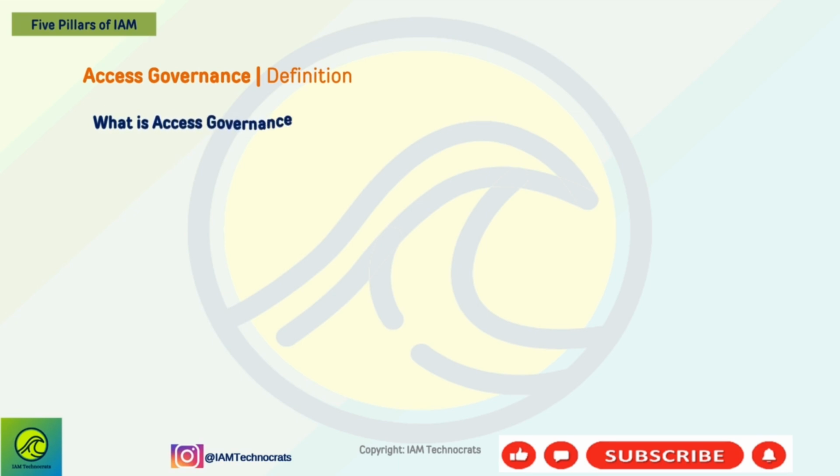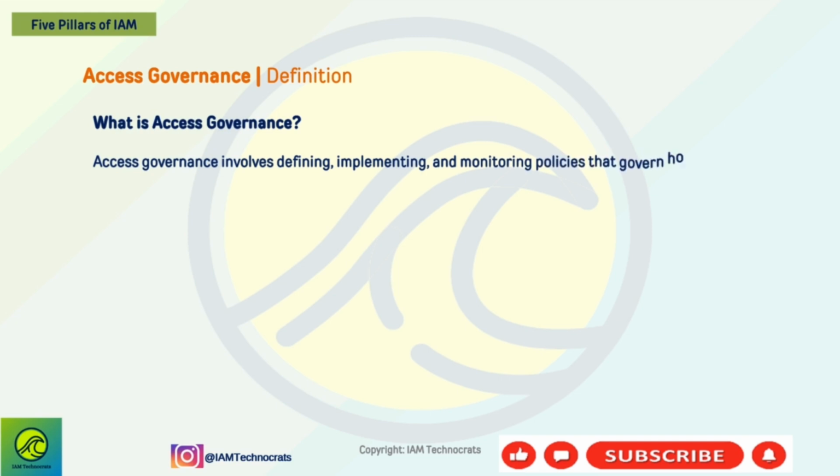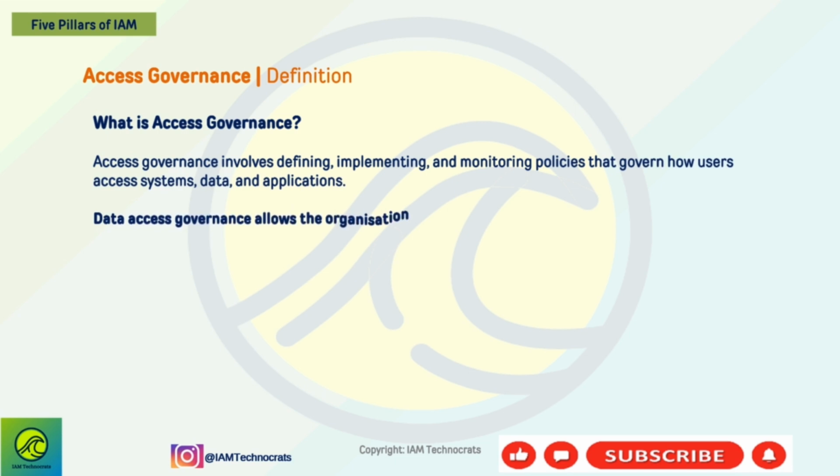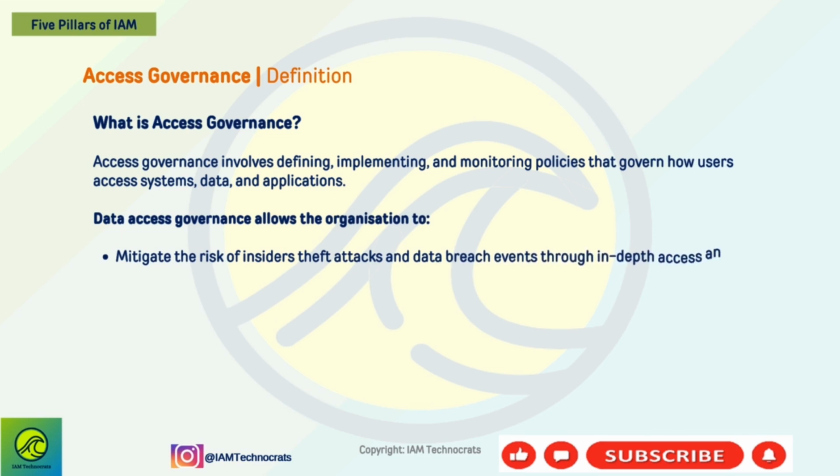The fourth pillar of IAM is access governance. So, what is access governance? Access governance involves defining, implementing, and monitoring policies that govern how users access systems, data, and applications.